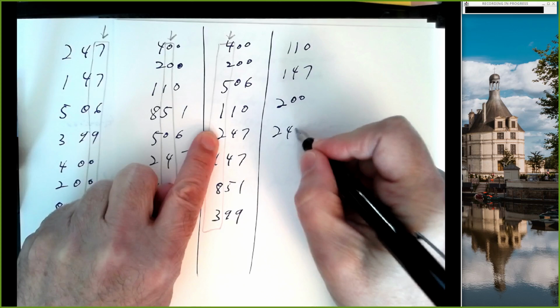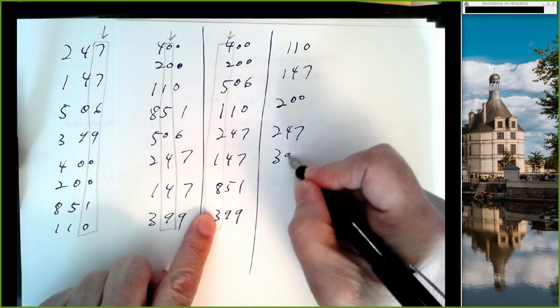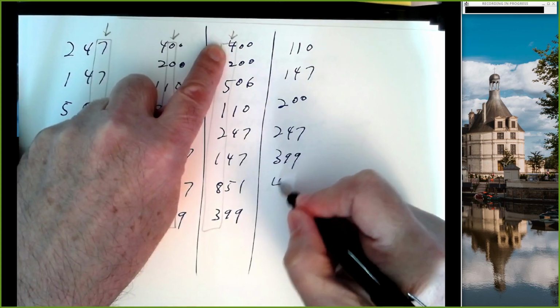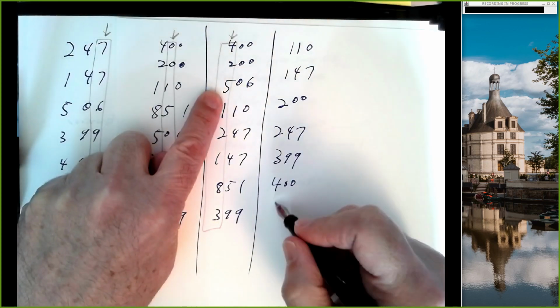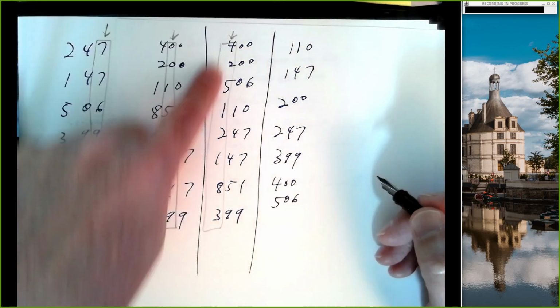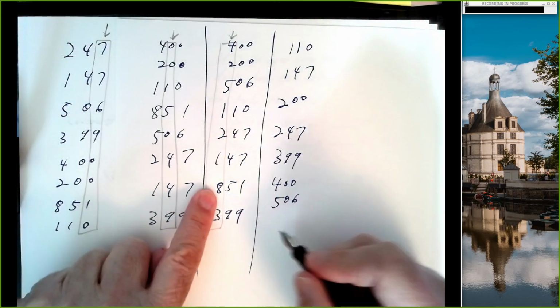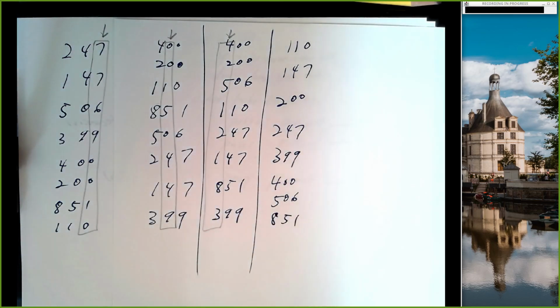There's a 247. Look for anything with a 3. That's a 399. Anything with a 4, there's a 400. And that's it. Anything with a 5, there's a 506. Nothing with a 6, nothing with a 7. And there's something with an 8, 851, and nothing with a 9. And guess what? Our data is sorted.